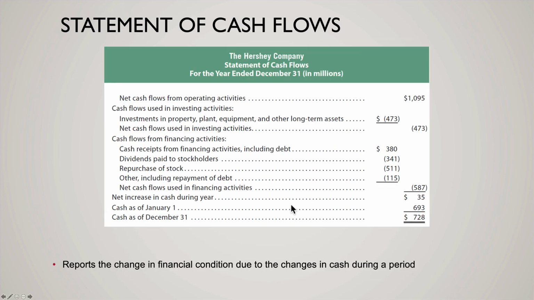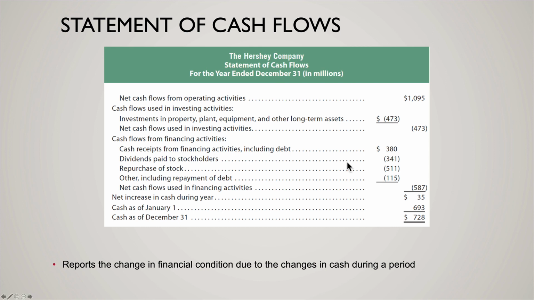Now the statement of cash flows tells you how a company is spending its cash. This is all derived from the other statements. And we're going to go into a little bit of detail on this later in this module, just a little bit of detail.